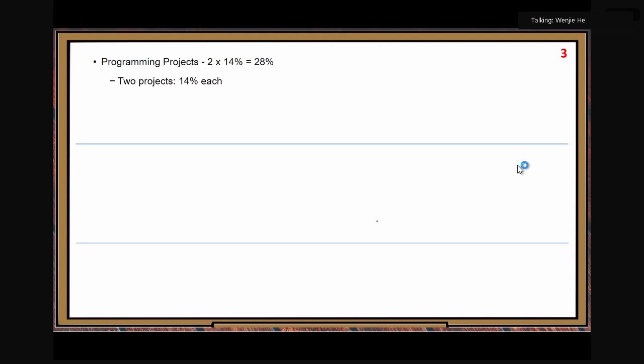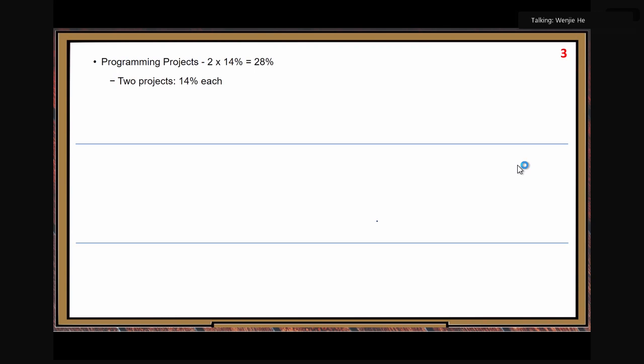Approximately 1 month. But before the due date of the first project, I need to assign the second project. Otherwise, we won't have enough time, right? So probably one or 2 weeks before the deadline of the first, I need to post the second project.